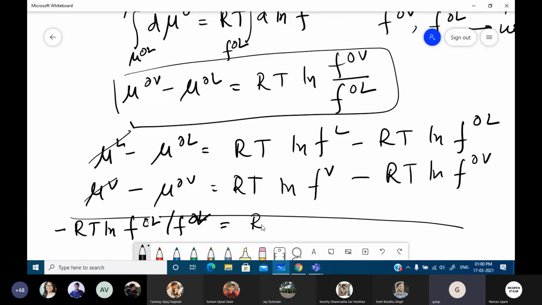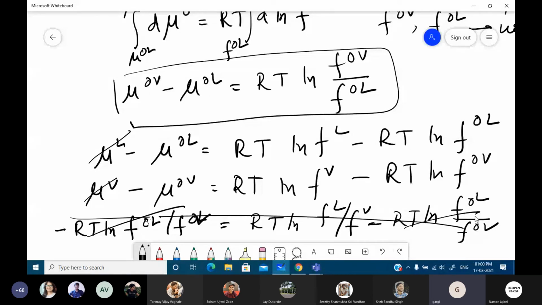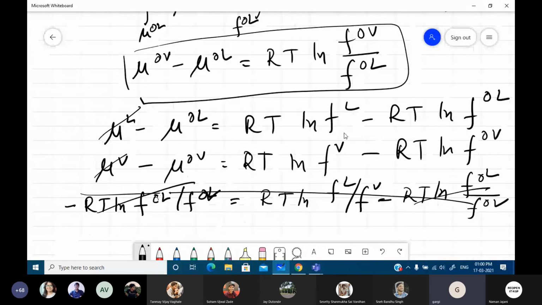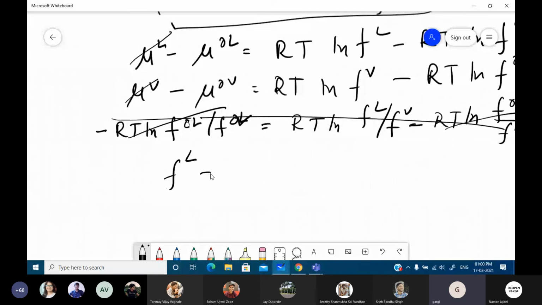This gives you RT ln FL by FV, and this is again minus RT ln F0L by F0V. So these two cancel out, and in this particular case also you get F of the component in the liquid phase equals F of the component in the vapor phase.